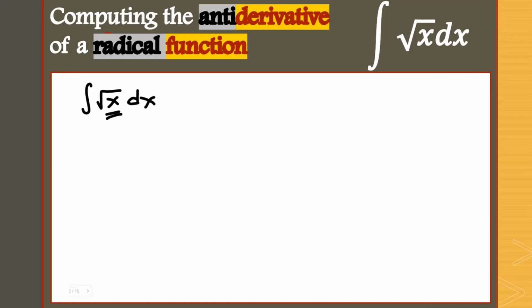If the radicand is not a monomial, then there is another specific rule for solving the antiderivative of a radical function where the radicand is a binomial or trinomial expression. We will have that later on. But since in our given the radicand is a monomial x, we can use the power rule itself.